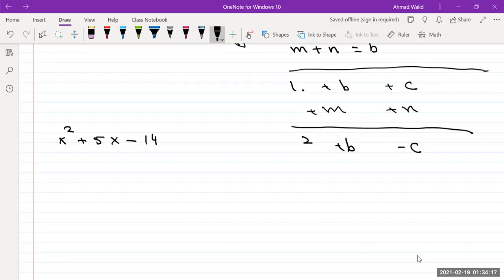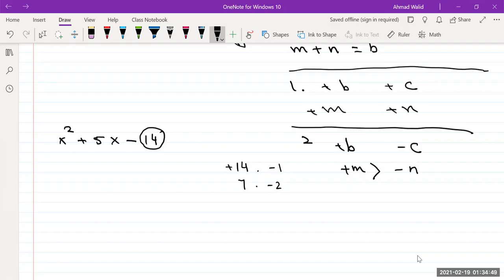Very easy. If your B is positive, C is negative, choose the numbers with different signs, but how? Your bigger number should be positive, your smaller number should be what? Negative. Now, look for the possible factors of 14. Possible factors of 14 will be positive 14 times negative 1, negative 2 times 7.